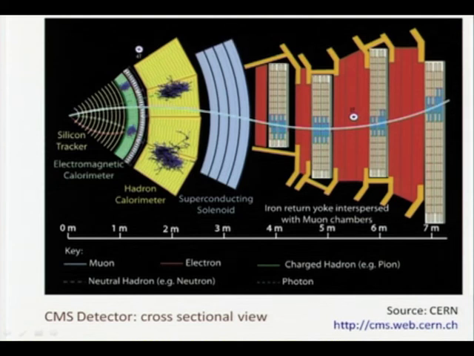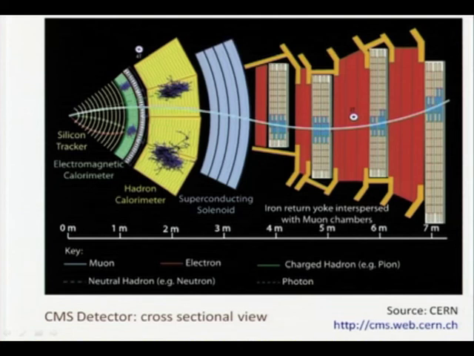And the blue dash line is a photon, which goes straight again because it is electrically neutral, but then is fully absorbed in the electromagnetic calorimeter.